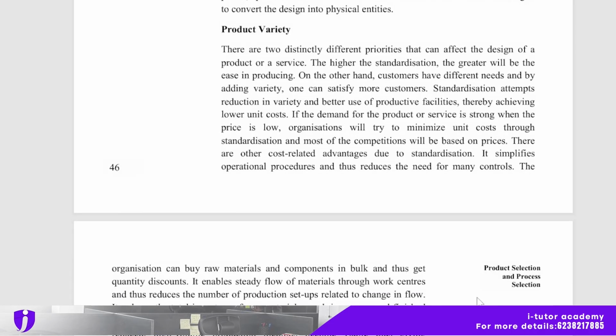So, product variety: there are two distinctly different priorities that can affect the design of a product or a service. The higher the standardization, the greater will be the ease in producing. On the other hand, customers have different needs, and by adding variety, one can satisfy more customers. Standardization attempts reduction in variety and better use of productive facilities, thereby achieving lower unit cost.